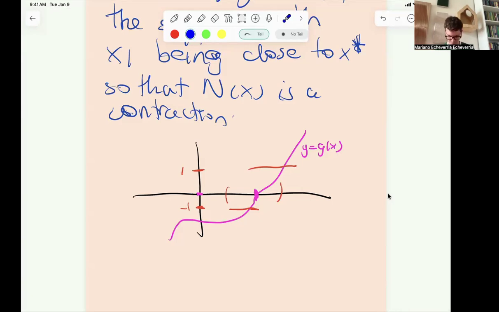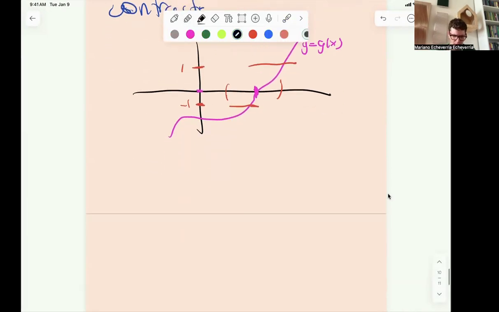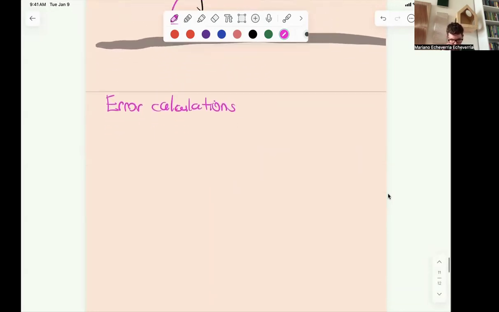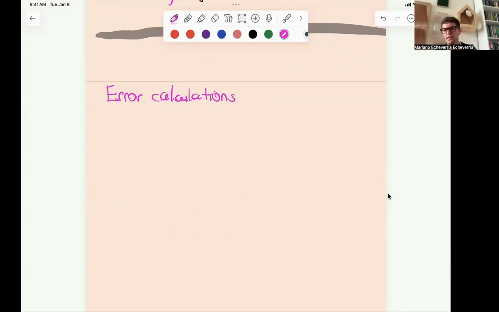So that is related to estimating the error in the approximation. So I'll tell you a little bit about error calculations. Okay, so suppose that you have a sequence that converges to a point x star.